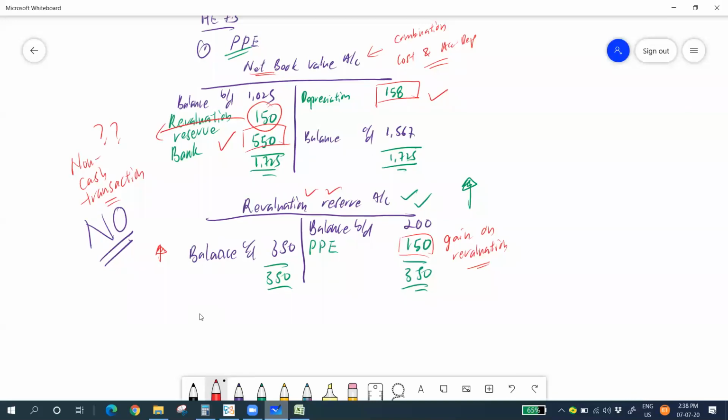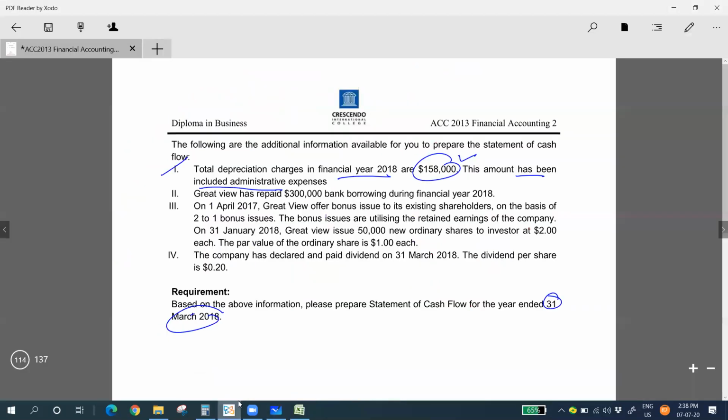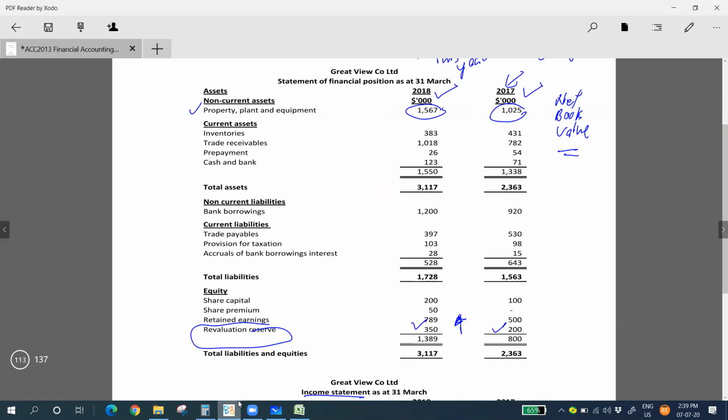So we come to the second adjustment. Let's have a look. The company has repaid 300,000 bank borrowing during the financial year 2018. So this one we refer to the bank borrowing of the company. Opening balance is 920 and closing is 1,200.